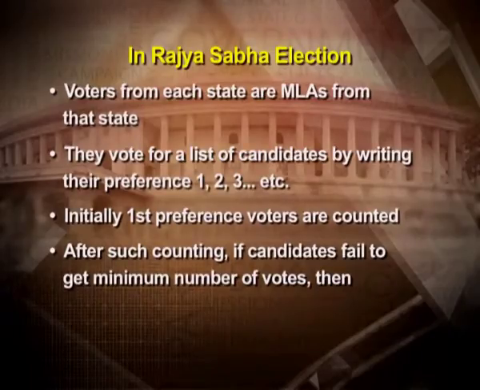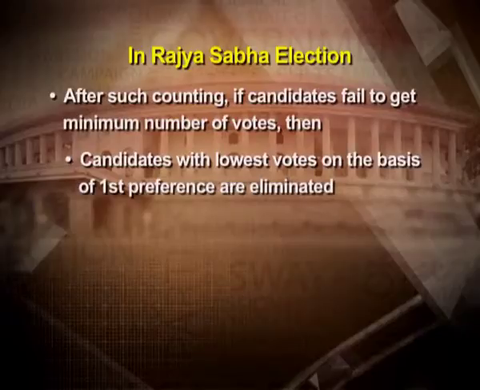Now, if by counting the first preference votes, no candidate gets the minimum number of votes needed to become a member of the Rajya Sabha from that state, then something else is done. The candidates with the lowest number of first preference votes are eliminated. They are no more in the running.